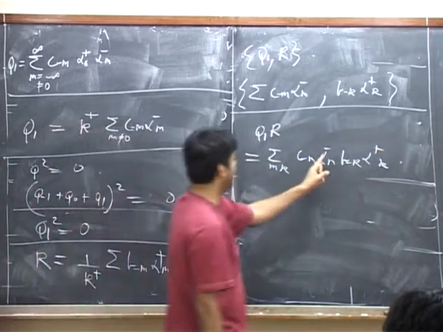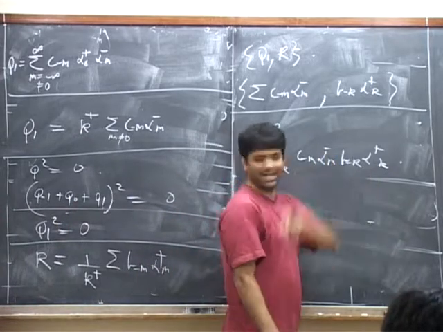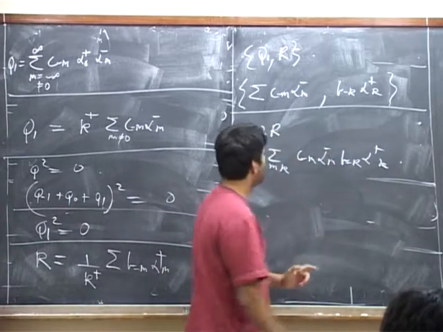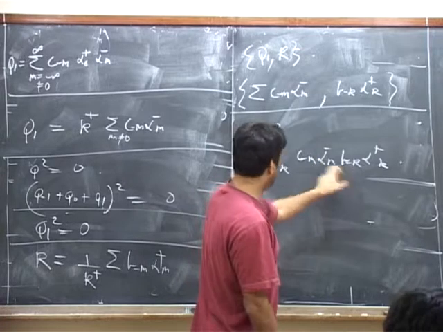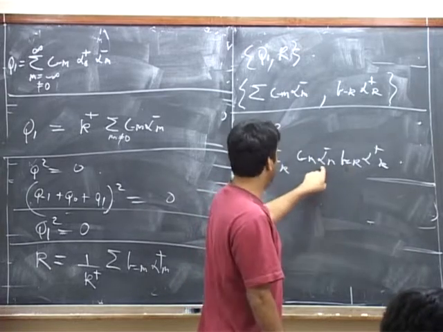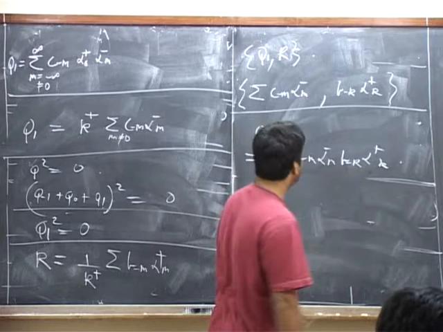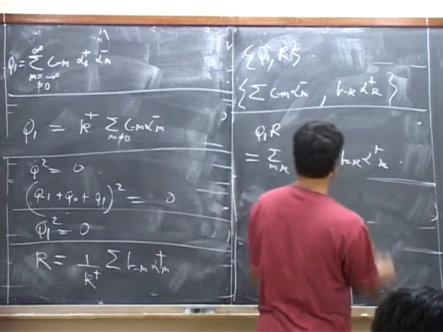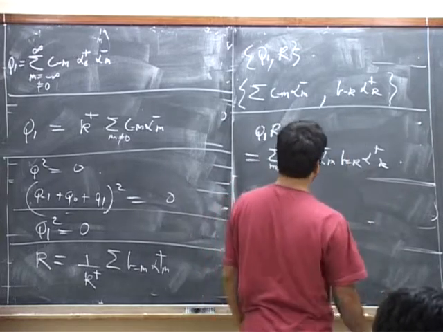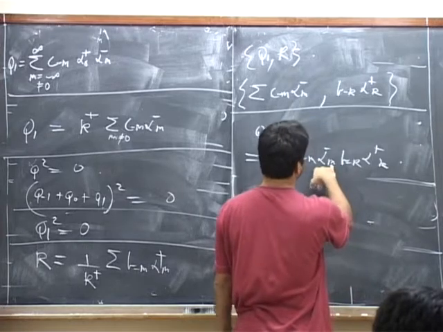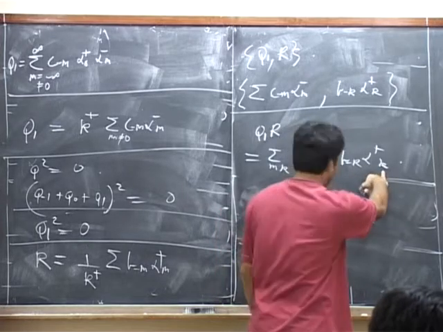Now let's pull this alpha minus m through this guy. Here you pull this through free, and in pulling this through, you just force m to be minus k.